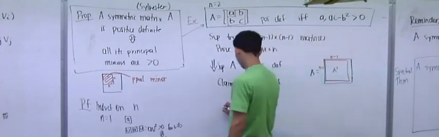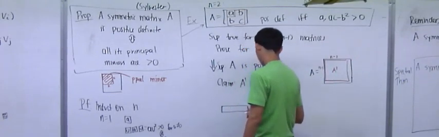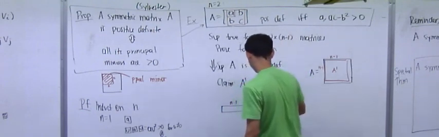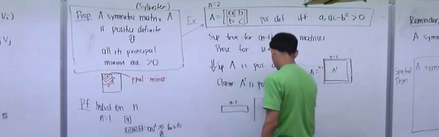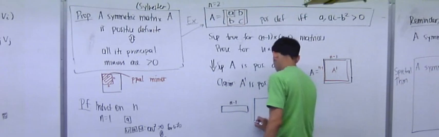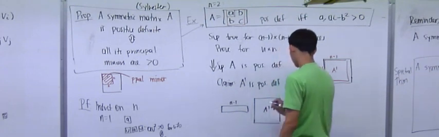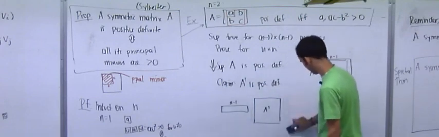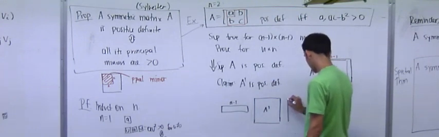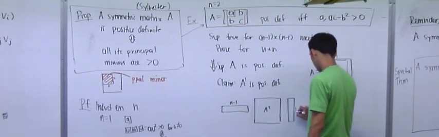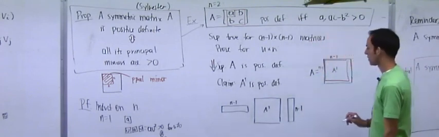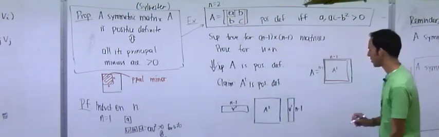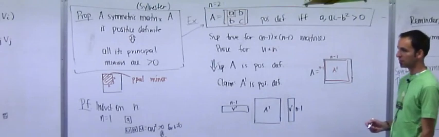Well, I need to take some vector of size n minus 1 multiplied by my matrix A prime, so I need to do this for some V prime transpose of size n minus 1, and I need to prove that this is positive.